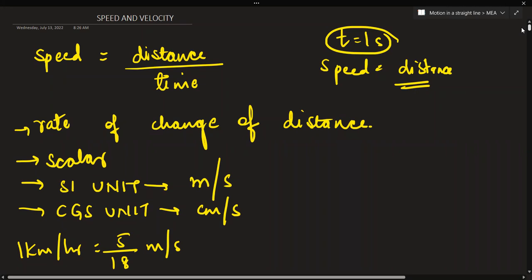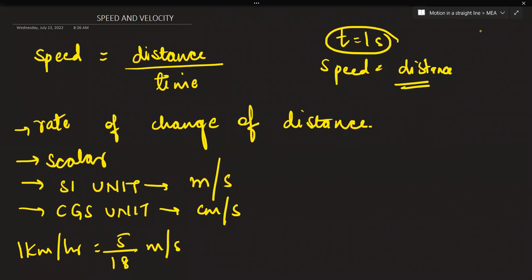And when it is displacement divided by time, we call that quantity velocity. So speed is equal to distance by time, and velocity is equal to displacement by time. So distance will determine the value of speed, and displacement will determine the value of velocity.